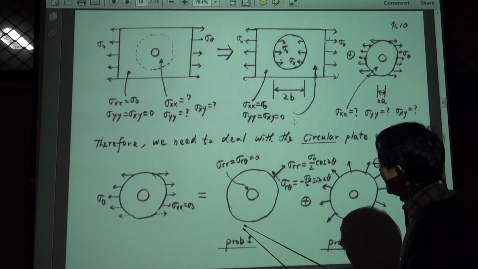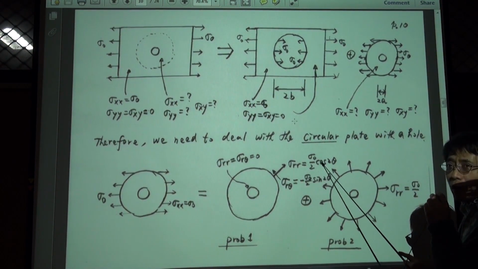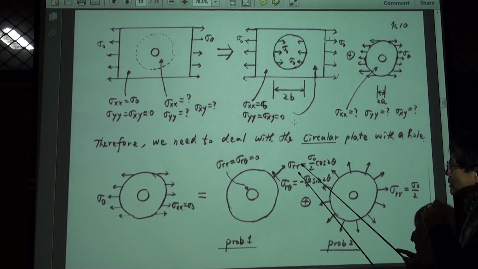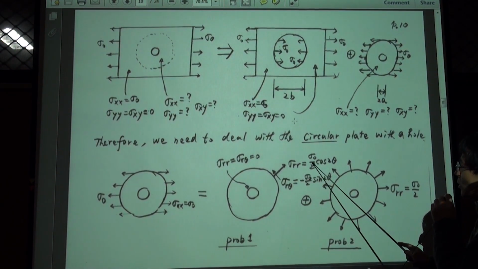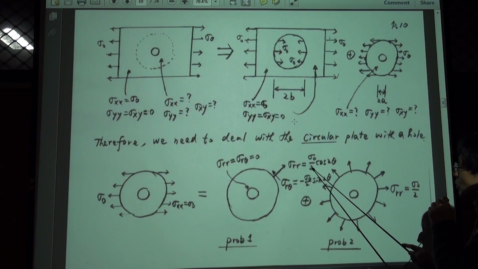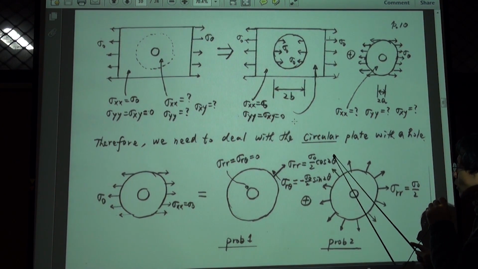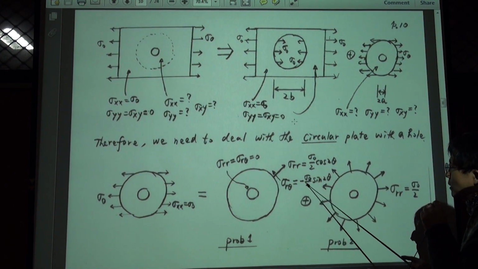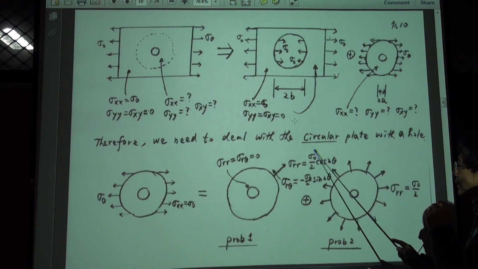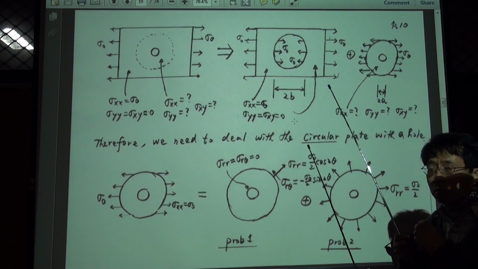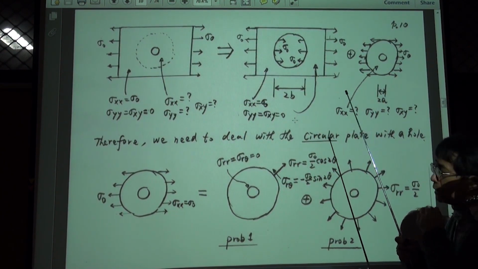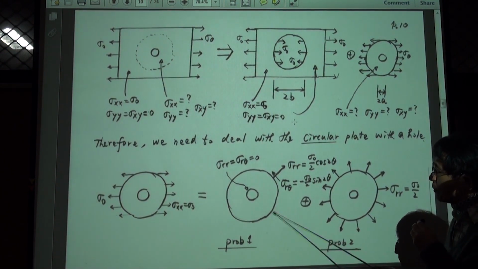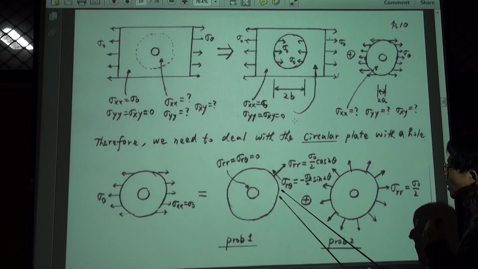In problem 1, we have the periodical boundary conditions like this: sigma r equals sigma 0 over 2 times cosine 2 theta, and sigma r theta is minus sigma 0 over 2 times sine 2 theta. So we have a periodical stress distribution on this circular plate. This is the first problem.